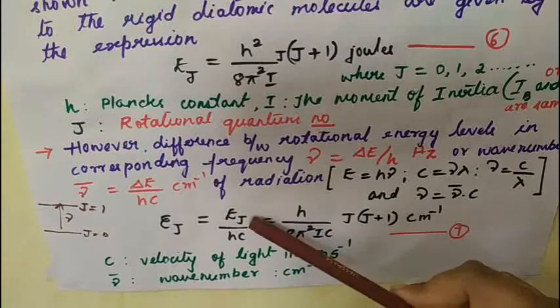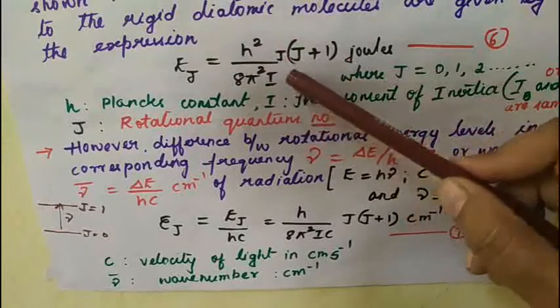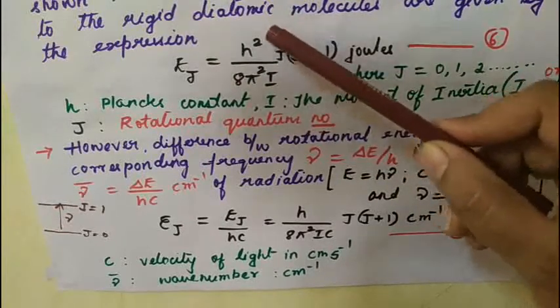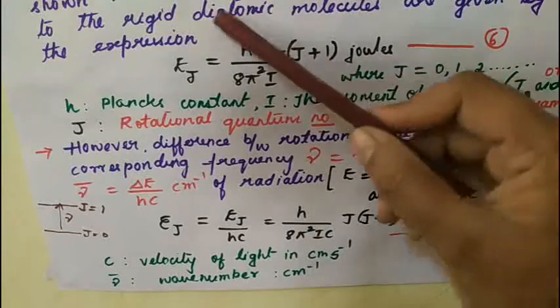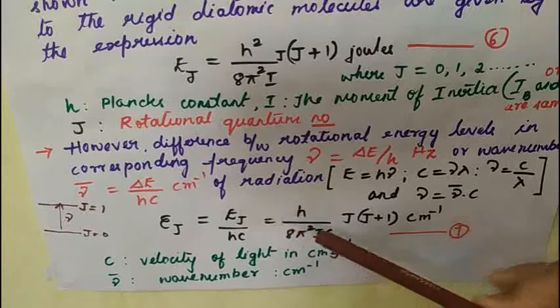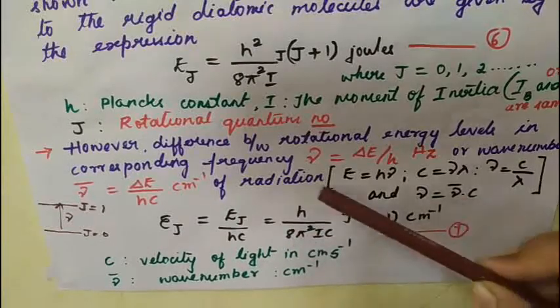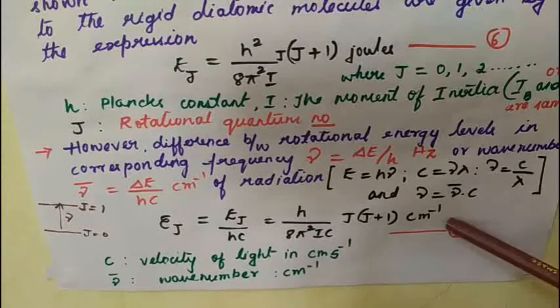Now E subscript j is, according to equation 6, h square divided by 8 pi square I, j into j plus 1. Substitute the value of E subscript j in this expression. Now we have the final expression h by 8 pi square IC, j into j plus 1 per centimeter.